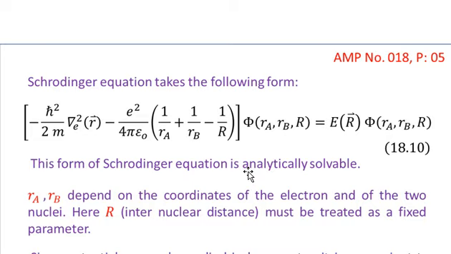This is the form of the Schrodinger equation which will give us the analytical solution, and the analytical solution can be very easily analyzed.